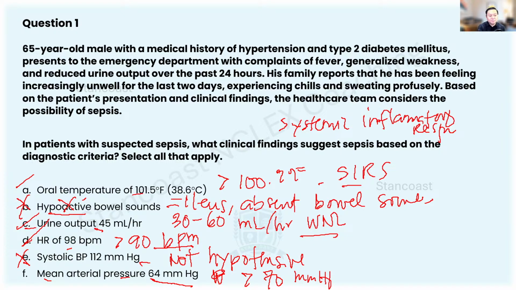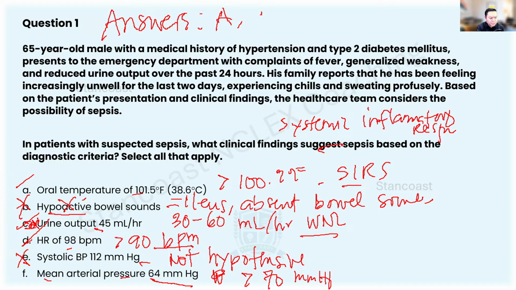So let me consolidate the answers. This is a select all that apply question. We have letter A. We have letter... Urine output is... Actually, that's not part of it. So we are looking for clinical findings suggest sepsis. Okay, so we are going to pick oral temperature.